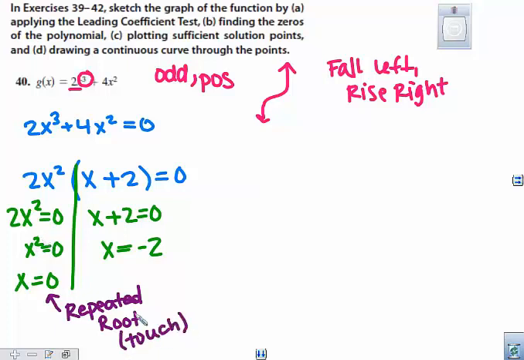So we know that when we have our 0 at 0, we're just touching there, we're not actually crossing. Okay, I'm going to go ahead and break my x-axis into these intervals at -2 and 0. So that's going to give me 3 intervals.